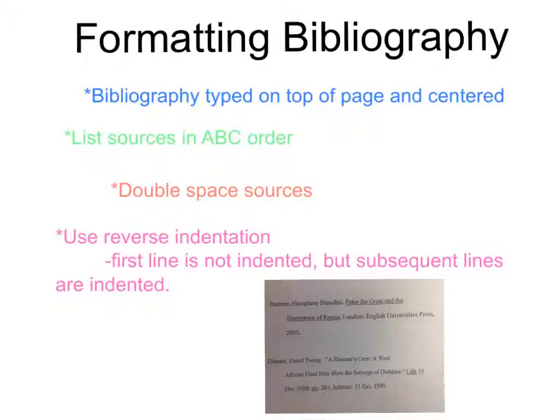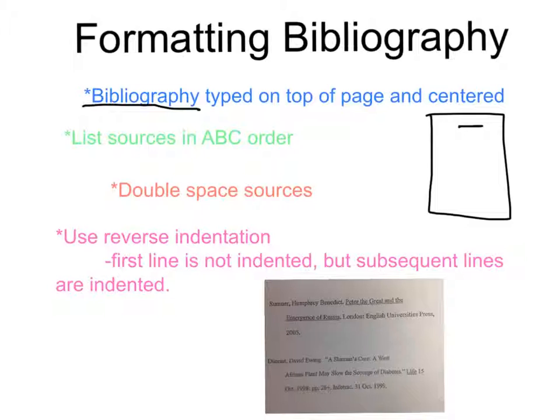When you format your bibliography, there are a few things you'll need to keep in mind. The first thing is you're going to type the word bibliography on top of the page and centered. When you do this, make sure you do not bold it or italicize it or make it a huge font. It should be the same regular font that you use in the rest of your paper.